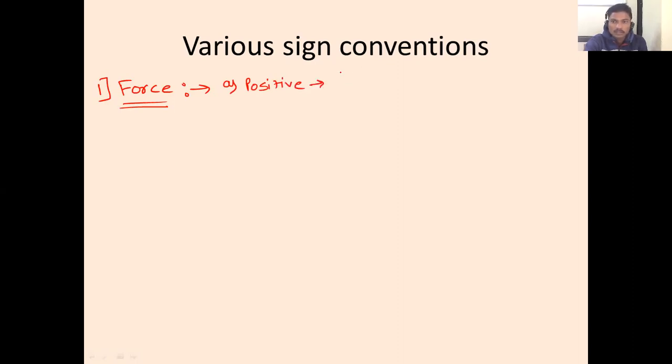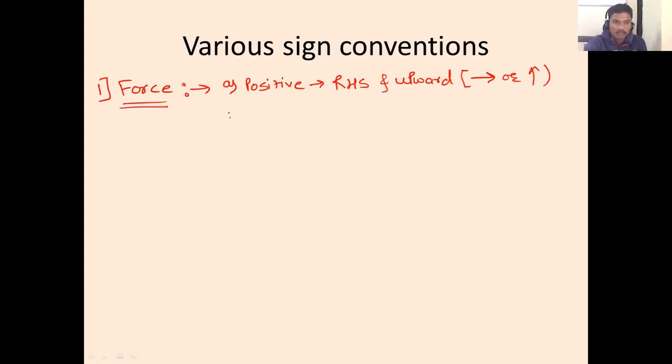So in short, I will write, if the line of action of force is going towards RHS and upward, then that force will be positive. For your information, either you can show in this way or in this way. If it is going towards RHS or upward, then it will be positive.